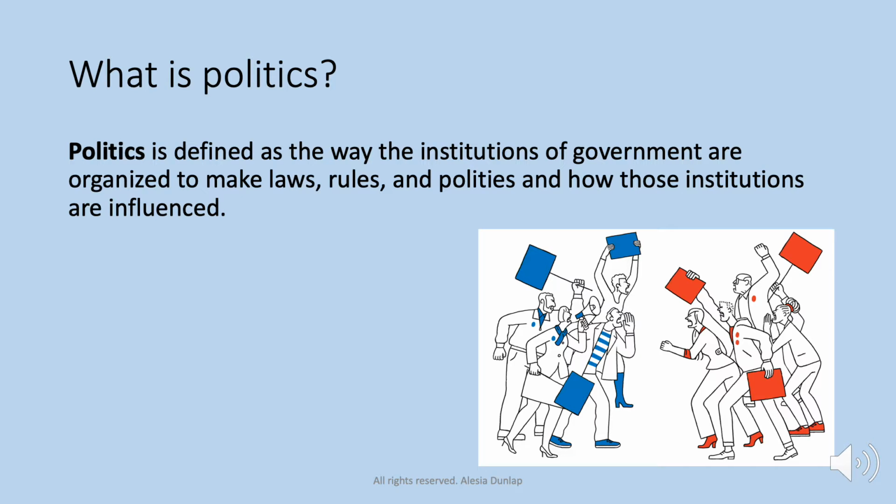The NRA, National Rifle Association, their politics is pro Second Amendment right to bear arms. So they're going to push their politics in the institutions of government. So certainly keep that in mind.